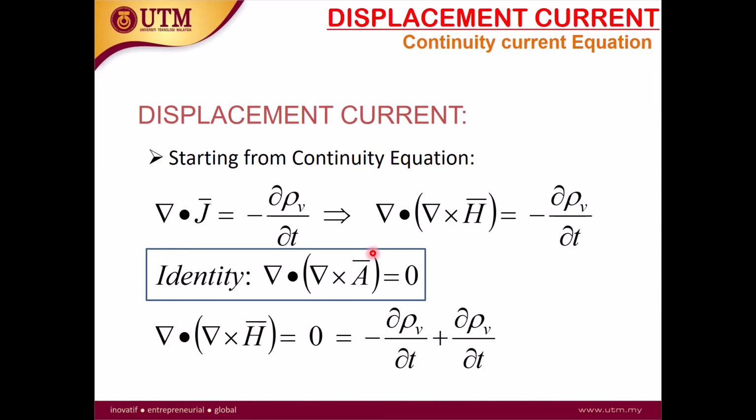Therefore, the divergence of curl H should be equal to 0. So we have to alter this function to be negative del rho V over del t plus del rho V over del t, so this will become 0.